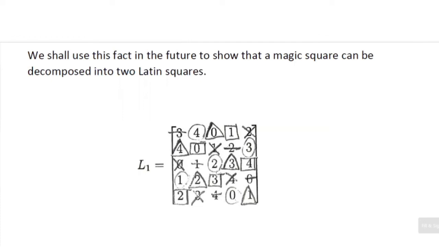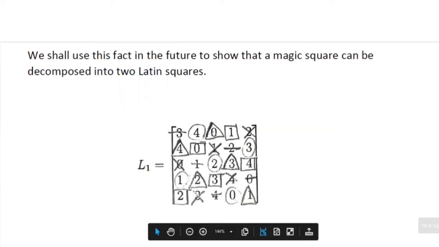They do not have the same number in them. And also, they belong to different rows and different columns. You can see 5 different traversals of this Latin square L1, which are all marked with different symbols.